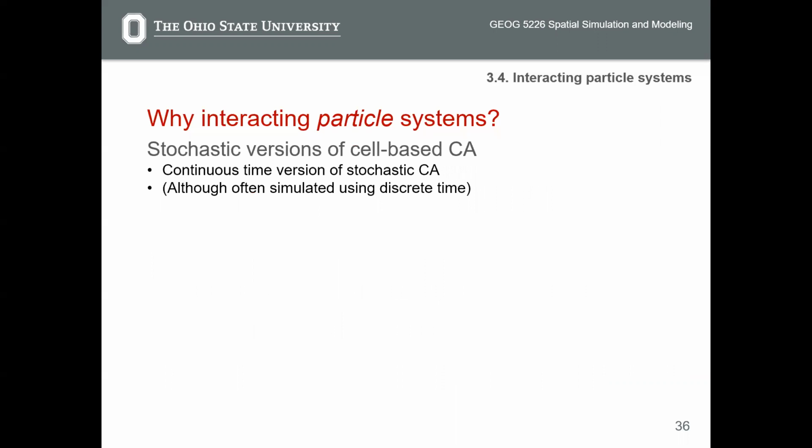So why interacting particle systems? It's a stochastic version of cell-based CA. There is continuous time. It is a continuous time version of stochastic CA. But when we're talking about continuous, it's always relative. It depends on the scale of your research.